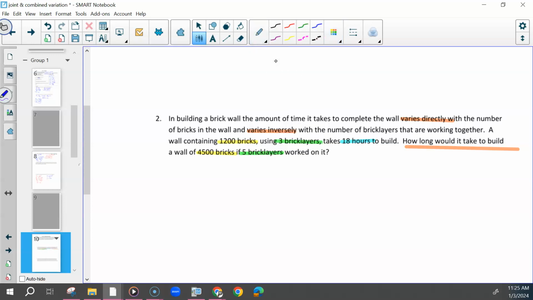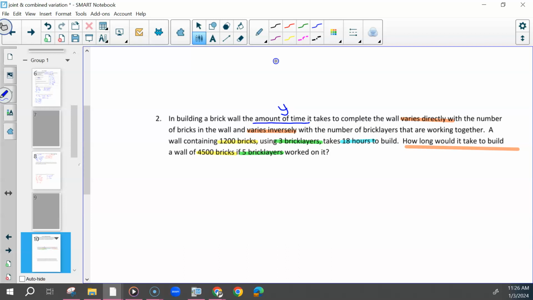The variables you choose here are completely up to you. You can make them match. You just have to say what is what. So let's say whatever comes before this, let's call it y, just so that we're still doing the same thing. The amount of time would be y.